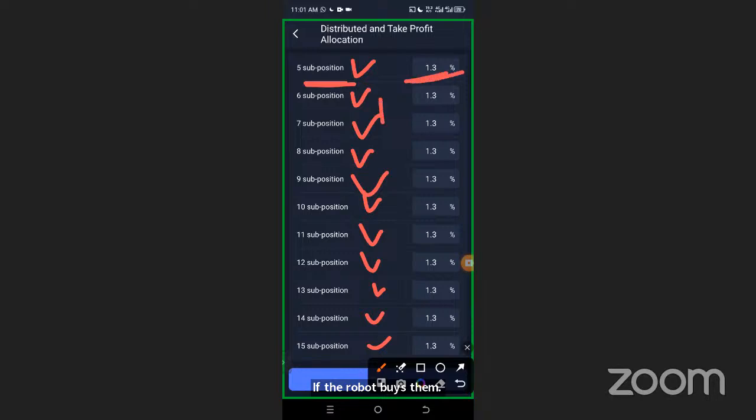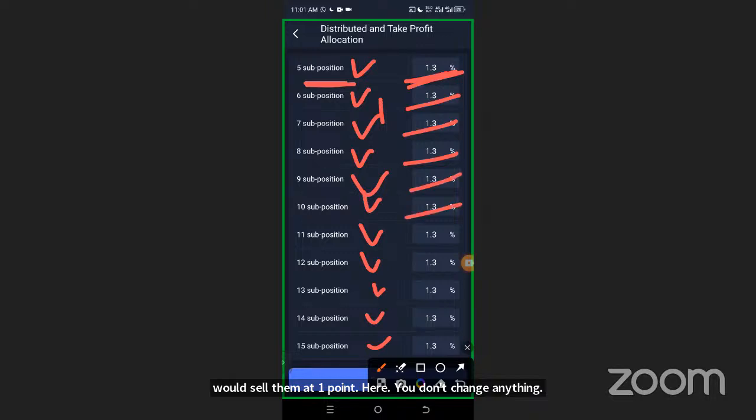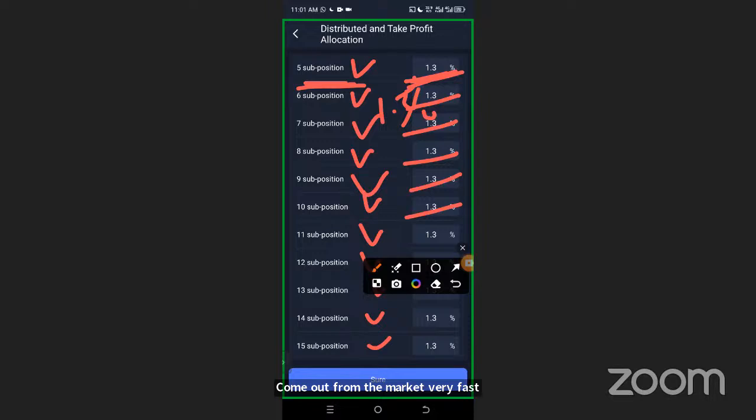Here you don't change anything. That means these calls come out from the market very fast, which makes you make profit even in floating loss.